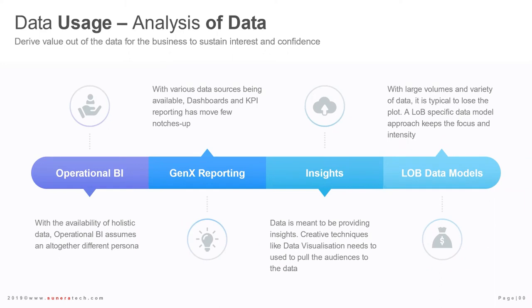One, you need to have the very top KPIs depending on the user target group. Then your ability to call out exceptions, right? That's very important from a Gen X reporting standpoint. And then context sensitive guided analytics is a very important part of Gen X reporting. And also rule-based recommendations and actions, which in some language are called next best actions.